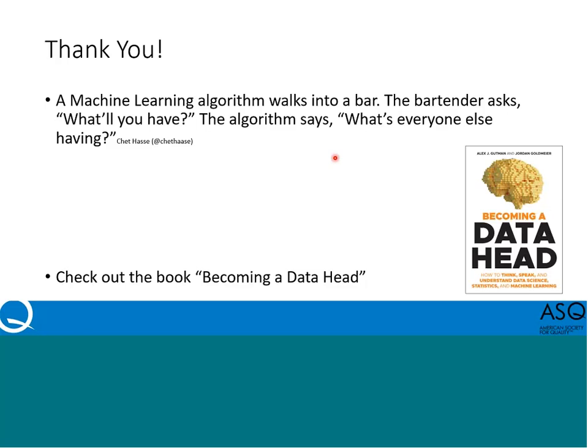Yes. A basic neural network is essentially a logistic regression model. If you have a more complicated neural network, it's like a logistic regression model of several logistic regression models.